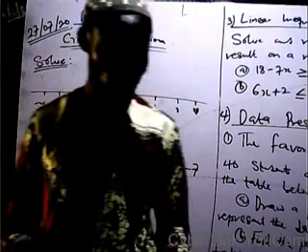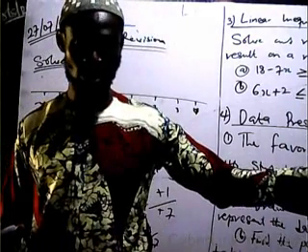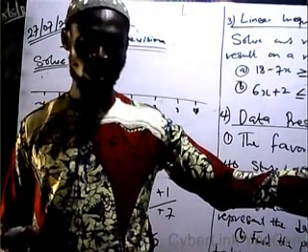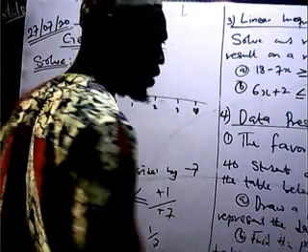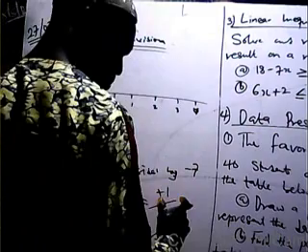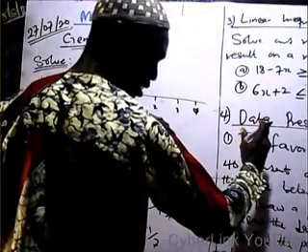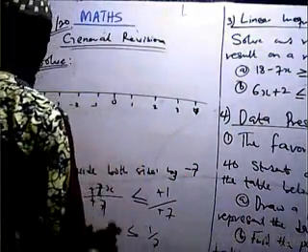If I face you, moving to your left side will be the negative side. Moving to your right side will be the positive side, because you are facing the board. From center zero, going to your right will be positive. Going to your left will be negative. Don't miss it.